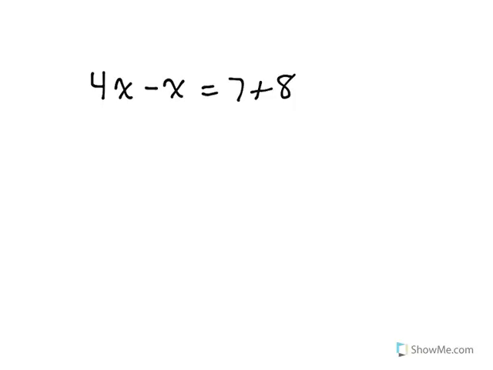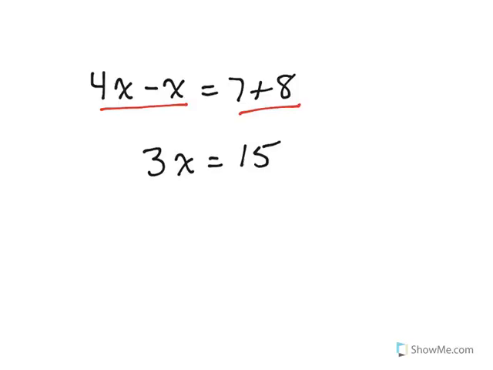Sometimes you will have like terms on one side or both sides of the equal sign, and you need to combine those first before you start to get your variable alone. So here we have 4x minus x, and that gives us 3x, and 7 plus 8 gives us 15.